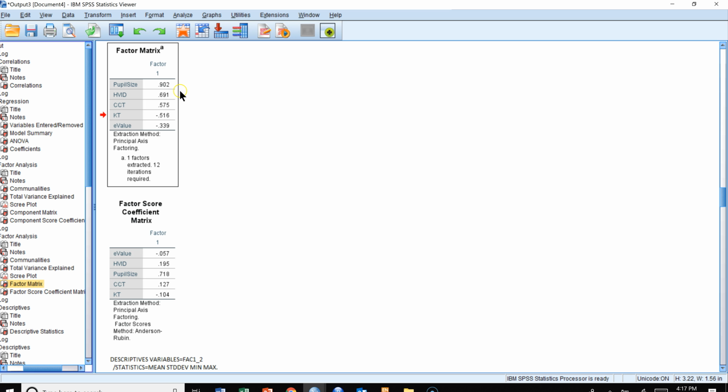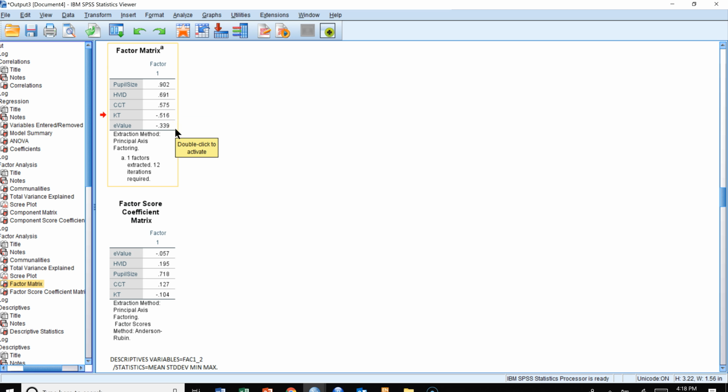It has a correlation of 0.9 with the factor. And as pupil size gets bigger, there's more 5-year growth. As HPID gets bigger, there's more 5-year growth. As CCT, central corneal thickness, gets greater, thicker, there's more growth. As KT becomes more powerful, there's less growth.